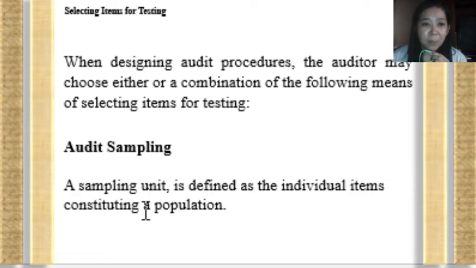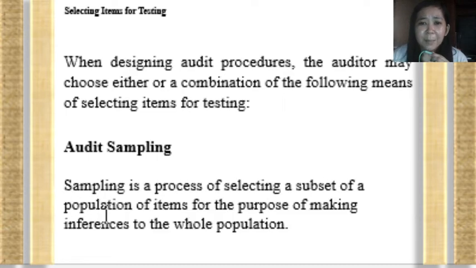A sampling unit is defined as the individual items constituting a population. For example, a class of transactions for asset accounts. So the cash account is considered to be a sampling unit, which is part of all the asset accounts. Okay, so this is the individual item that constitutes the population.